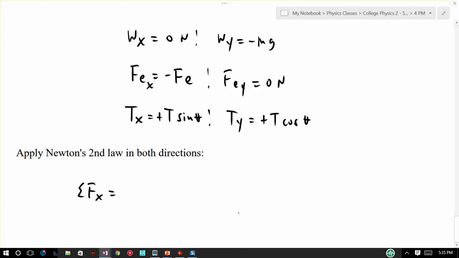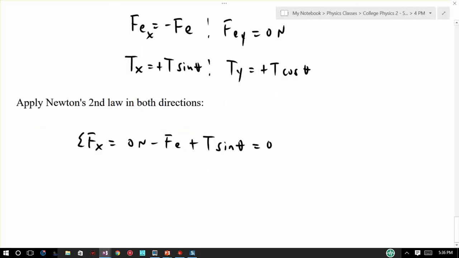It's pretty easy. You're just adding this and this and this: 0 plus minus Fe plus T sine theta. Then what does that equal if it's in equilibrium? It's not moving. 0, right? So what do you get? If you add Fe to both sides, you get this.